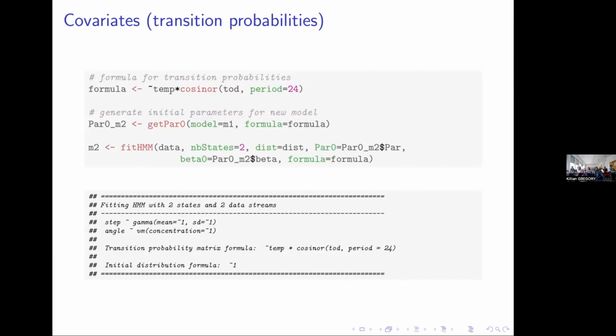So we're going to throw temperature in there too, because the temperatures fluctuate each day. And then we're going to use what's called a cosinor model with a 24-hour period. That just creates a periodic relationship through time. If it's on a 24-hour period, that means it has to reconnect at the edges as it goes through, so it's just creating a cycle of sorts. We're going to put that on our state transitions and then fit that model.